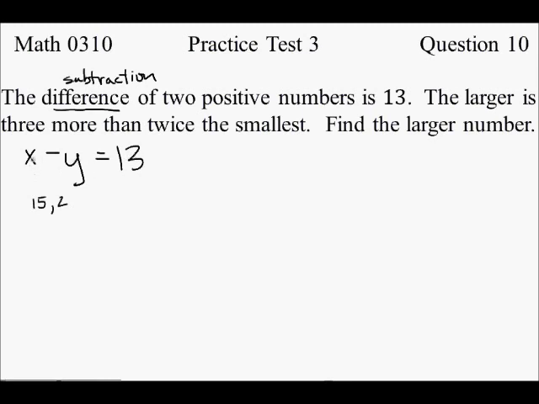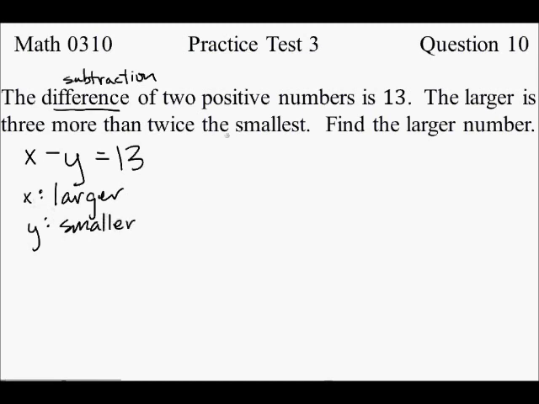So if we're subtracting two positive numbers to give a positive number, the first one must be the bigger number. If the first one was the smaller number, we would end up with a negative 13. We want to think about that, especially whenever we have subtraction. Making a note here: x is going to be the larger number, and y is going to be the smaller number in order to give us a positive 13.